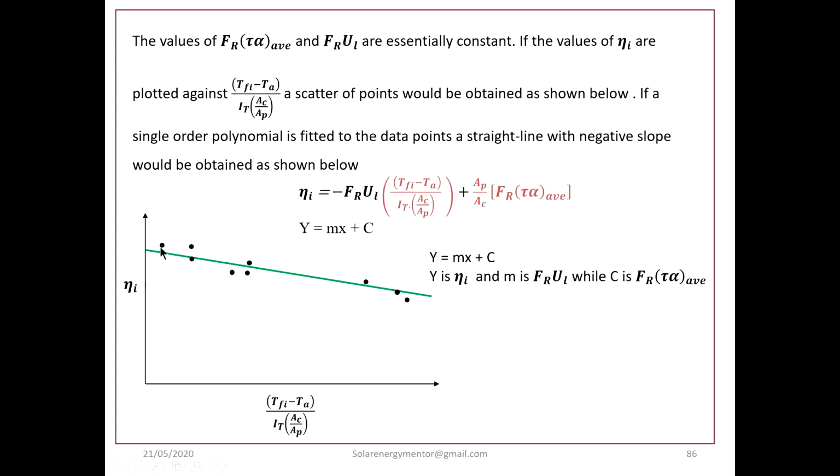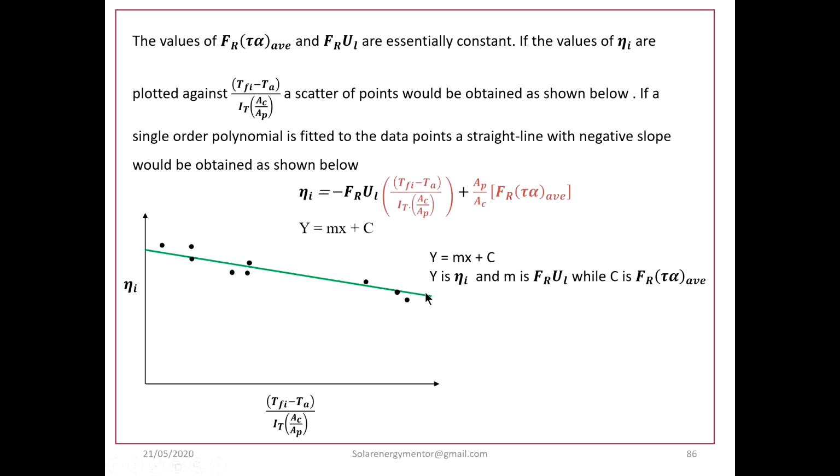The points will look like this: test number 1, test number 2, 3, 4, 5, 6, 7, 8, 9. Nine tests you conducted, so you get 9 data points. A first-order polynomial is fitted to these data points, and you get a straight line with negative slope.